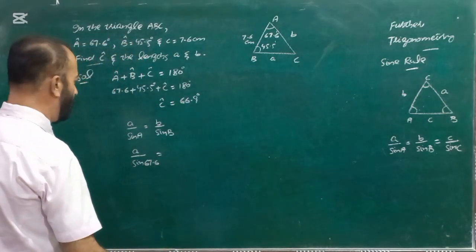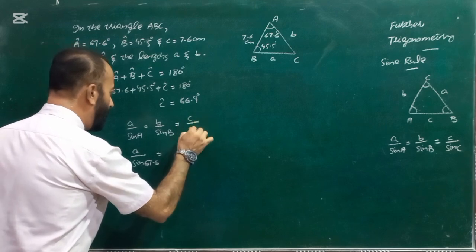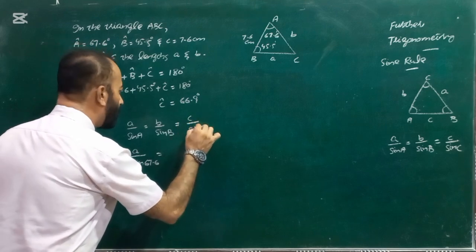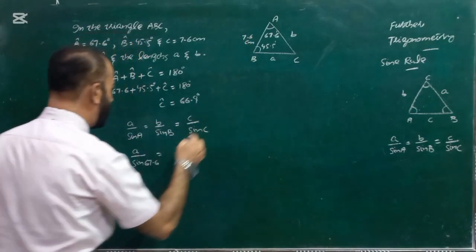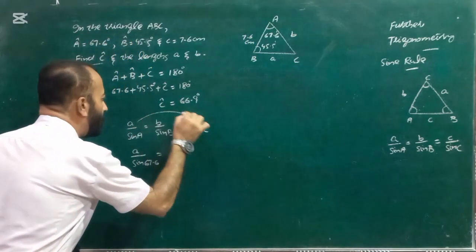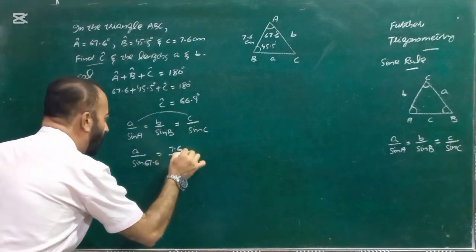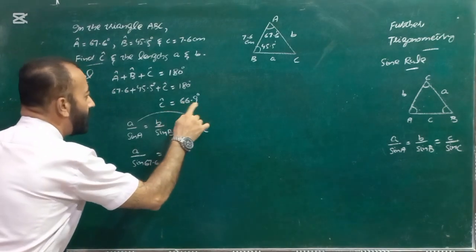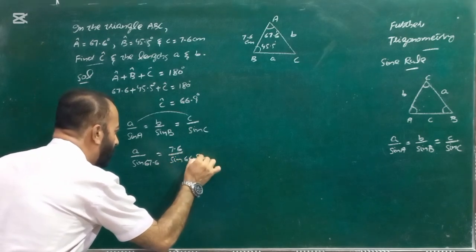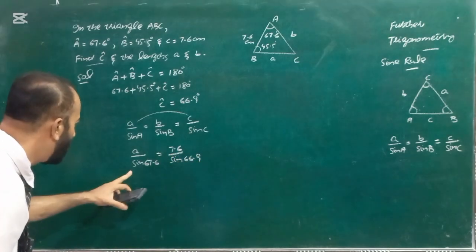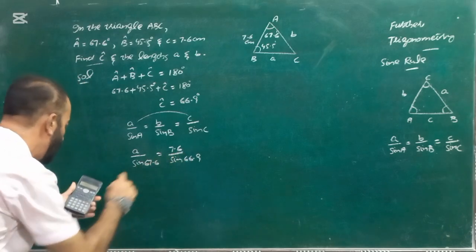Okay, B is also missing. So you may take here C over sine C. The side opposite to C is 7.6. So we are taking these two equal. So C is 7.6 over sine C, sine 66.9. From here you can see that this value will go to the right hand side.